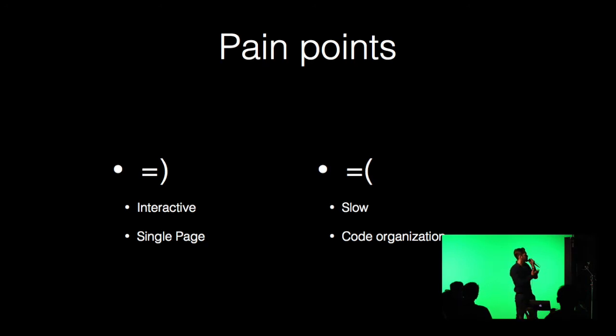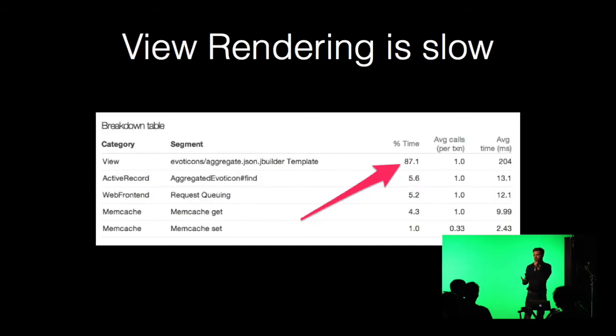Here's a breakdown. This is the Rails app that we have in production. It's a different Rails app, not the one that I've showed you. This particular endpoint serves you JSON data. As you might see here, 87% of the whole time is spent in the rendering of the template.